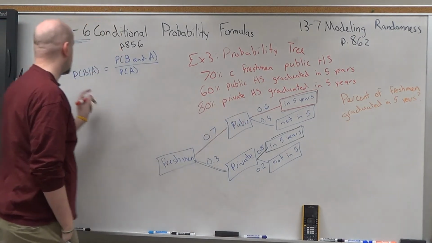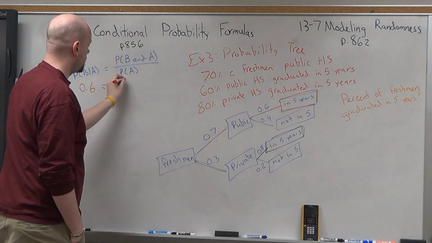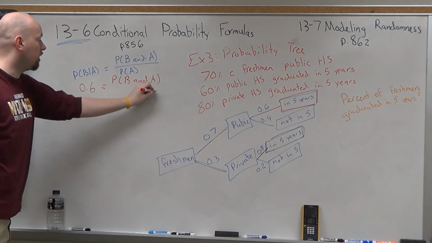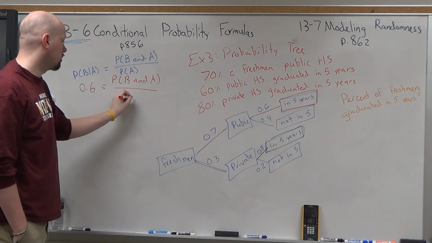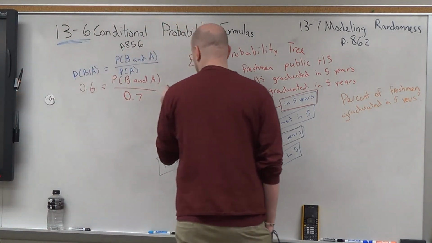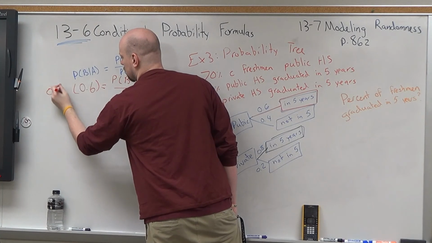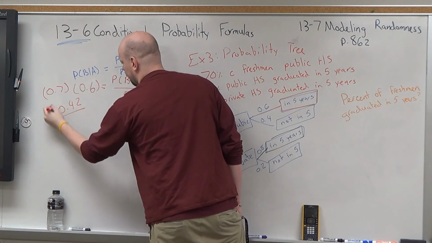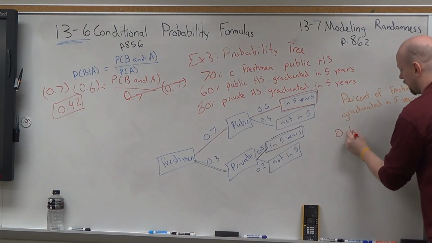We said it was 0.6. Again, we don't know this probability yet of the total who overlapped, but I do know how many kids went to public school, 0.7. So I can just multiply 0.7 to each side, and I'm going to get 0.42.